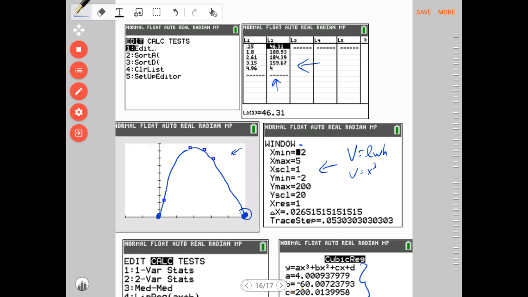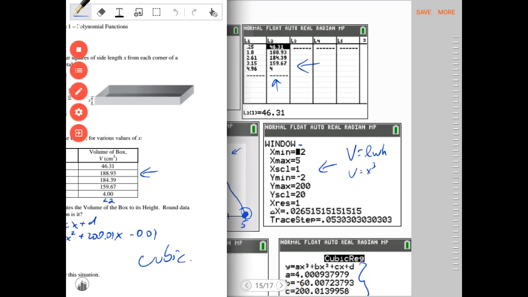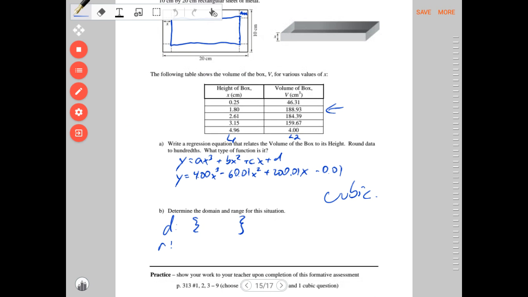Now, the volume of the box can't be negative, like silly me, I'm sorry. Okay, but the domain goes from 0, right? If x is 0, then there's no side length to turn up. And the biggest x could possibly be is 5. 1, 2, 3, 4, 5. Okay, so our domain is 0 to 5. Sorry, silly. Okay, so that's x less than 5.